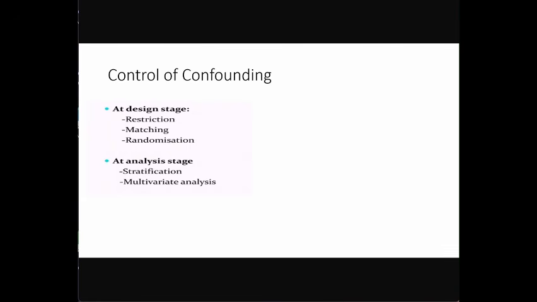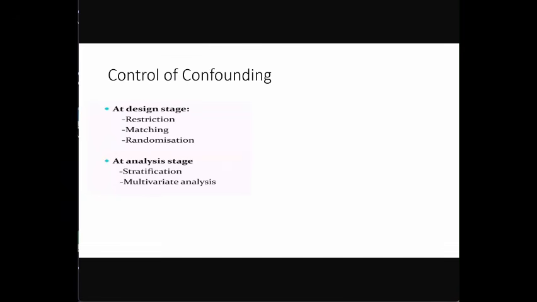So at the design stage, we do restriction. Or other times, if we know we are going to find confounders, we do matching. Age for age, sex for sex, socioeconomic status for socioeconomic status, so that the control and the intervention group will be exactly the same, to avoid selection bias, so let there be no distortion.